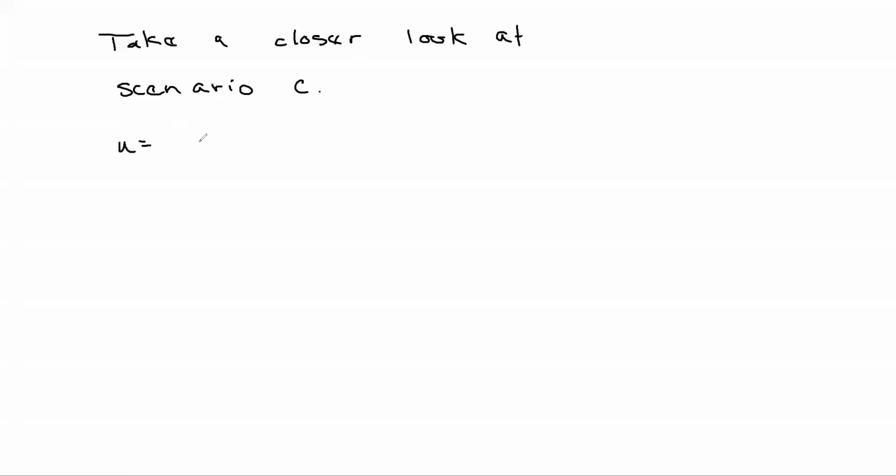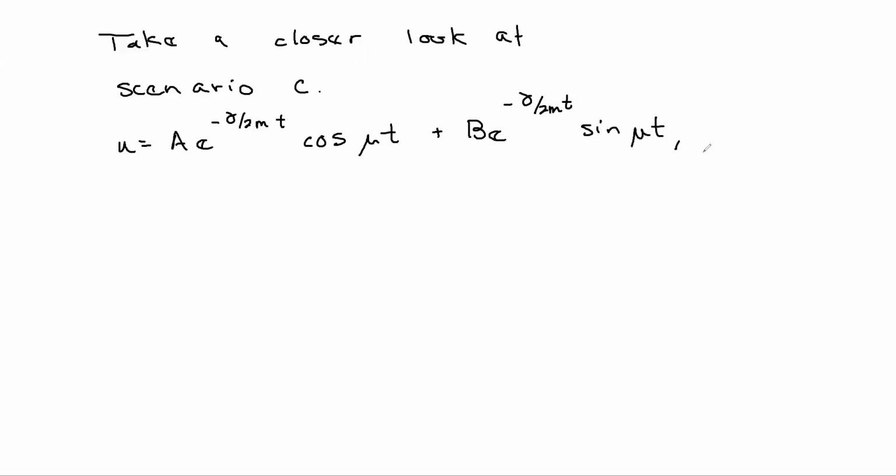All right, so we have u equals A e to the negative gamma over 2m t cosine mu t plus B e to the negative gamma over 2m t sine mu t, where mu equals the square root of 4km minus gamma squared, that is, (4km minus gamma squared) to the 1/2, over 2m.